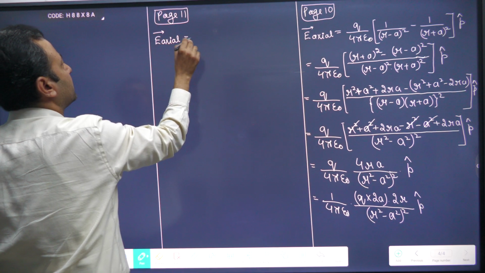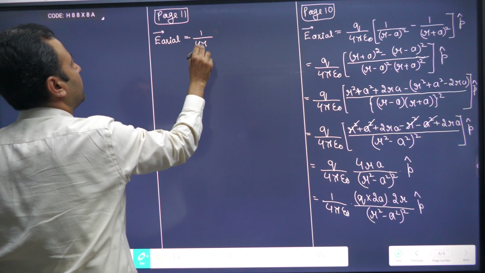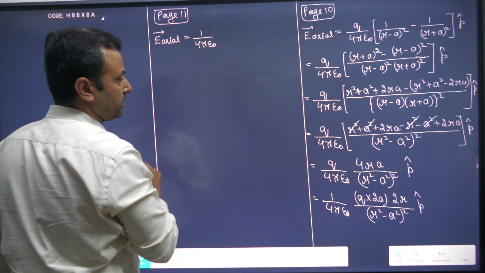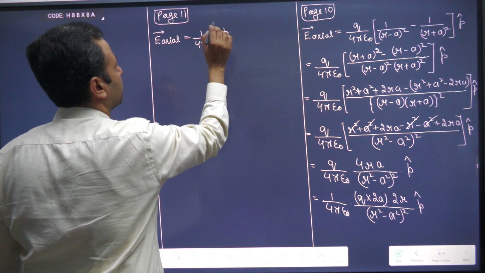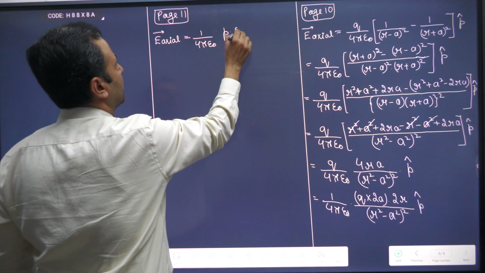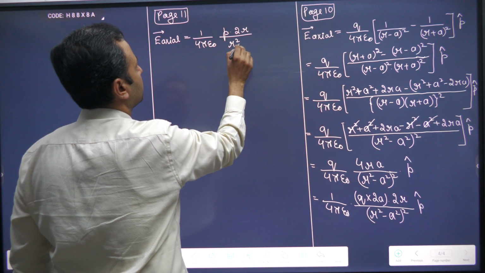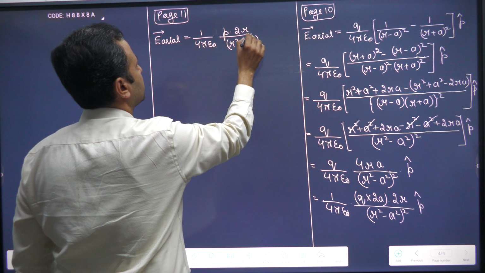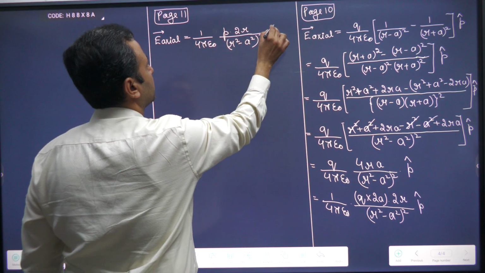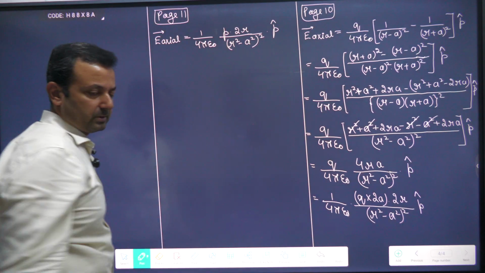So E axial vector is 1 upon 4 pi epsilon naught, q into 2a is p, into 2r upon r square minus a square's whole square into p cap.